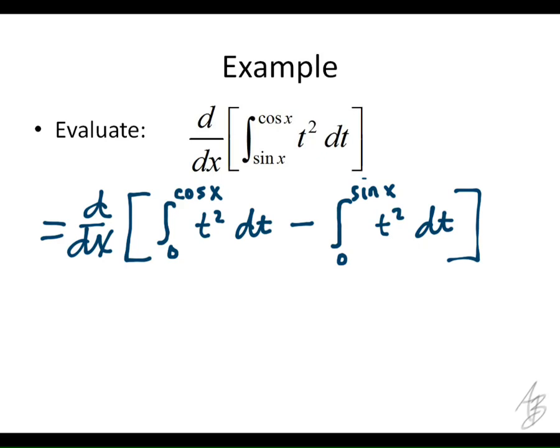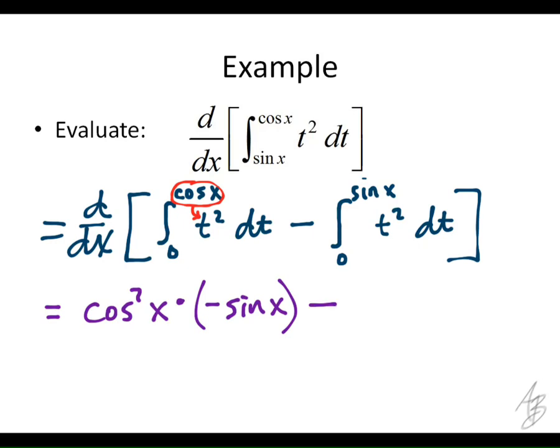So then to evaluate this, the derivative of this one, we put cosine of x in for t. And we get what? We get cosine squared x times the derivative of cosine, which is negative sine of x, minus, we put sine of x in for t here.